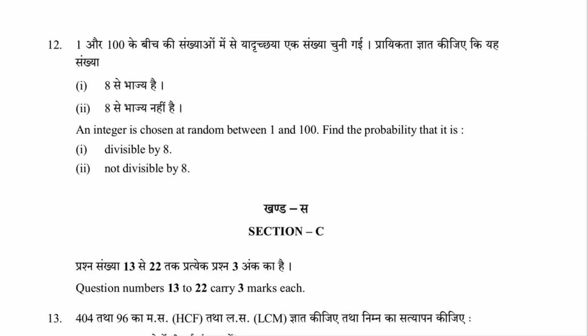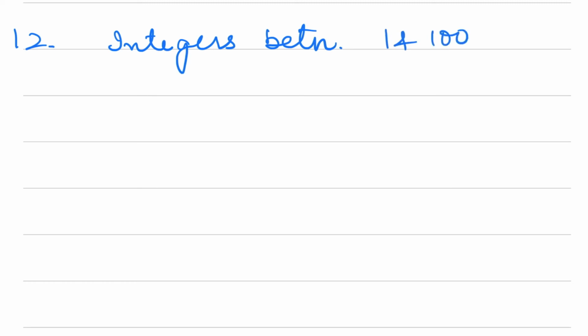Question number 12. An integer is chosen at random between 1 and 100. Find the probability that it is, the first part is divisible by 8 and second part not divisible by 8. Here we have to choose an integer between 1 to 100. Integers between 1 and 100.